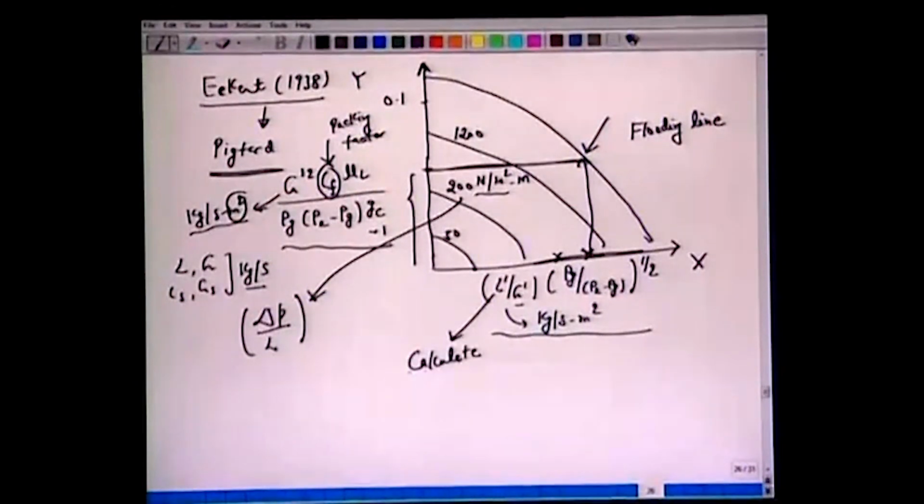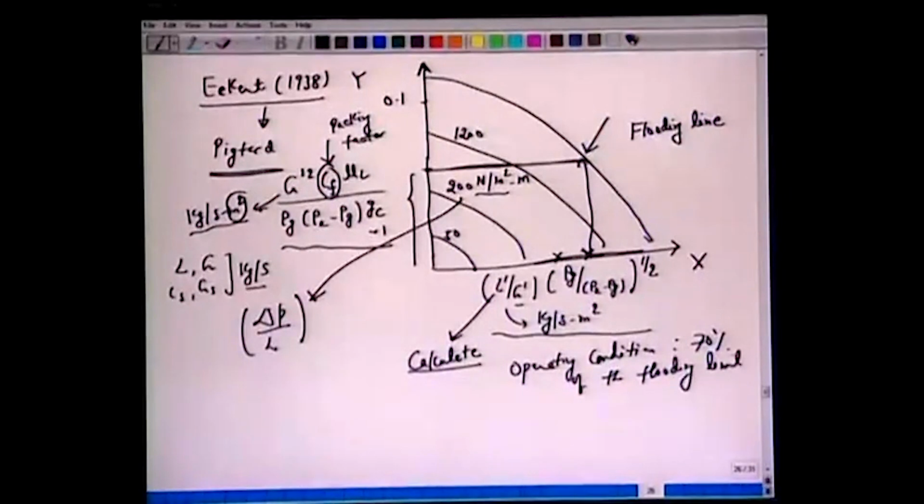So this will give us a limit for the flooding line, and here the pressure drop of course becomes very high. Generally the operating condition is 70% of the flooding conditions, of the flooding limit.